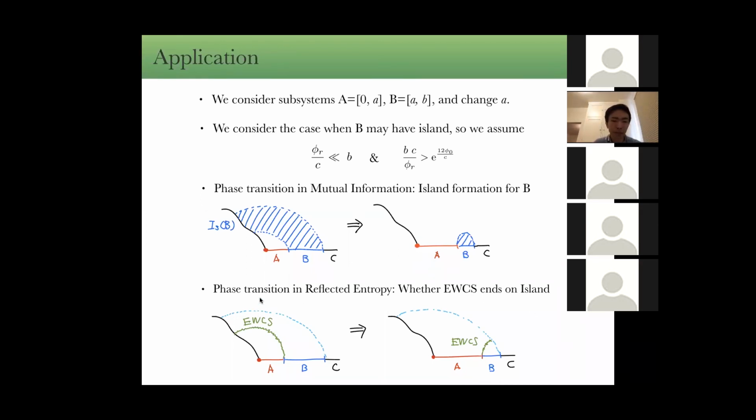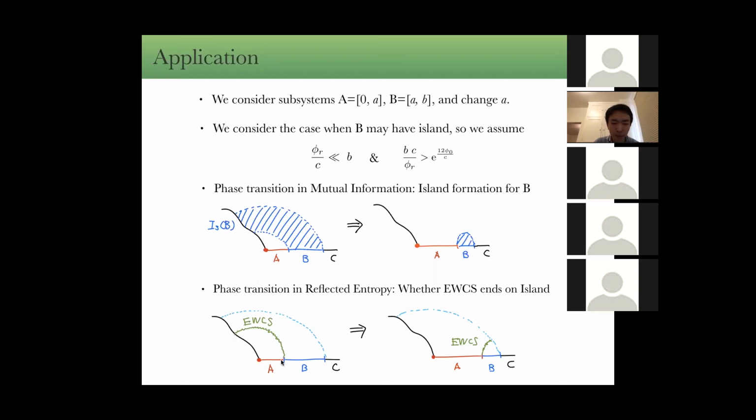On the other hand, reflected entropy can also undergo a phase transition. So when the size of A is small enough, the entanglement cross section can end on the JT brane.